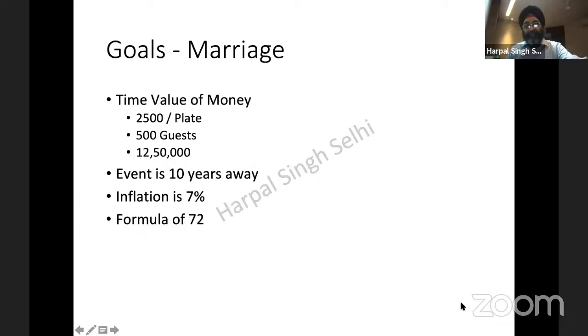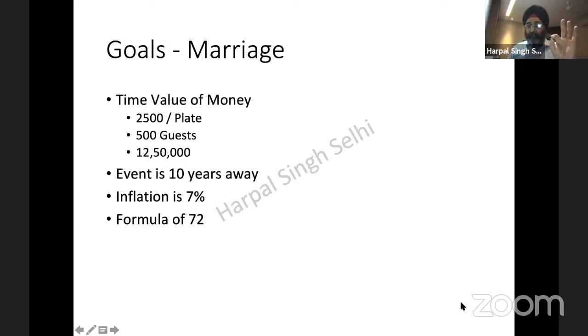So at 7%, this rate will become double. So ये प्लेट 5,000 की हो जाएगी 10 साल में. This is minimum. So मेरे को कम से कम 25 लाख चाहिए होगा तब. ये तो श्योर है, इससे ज्यादा की जरूरत पड़ सकती है, इससे कम नहीं होगा.